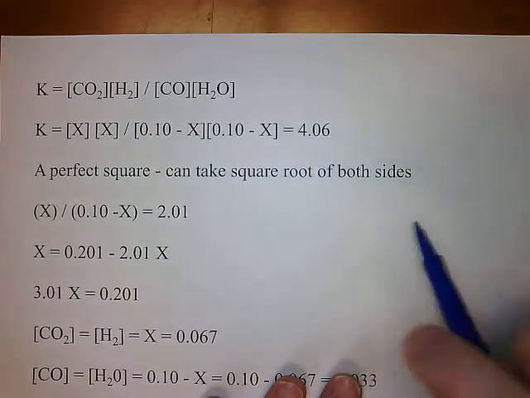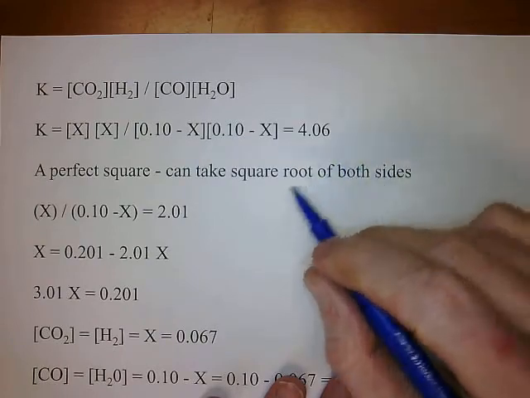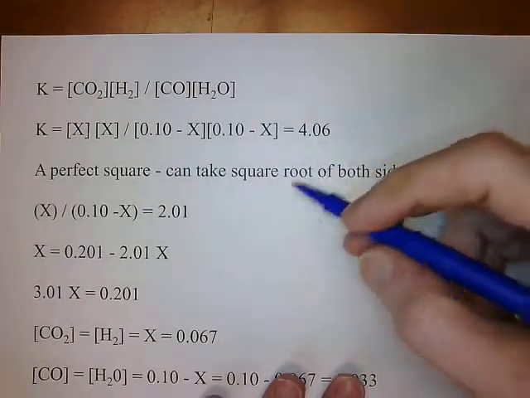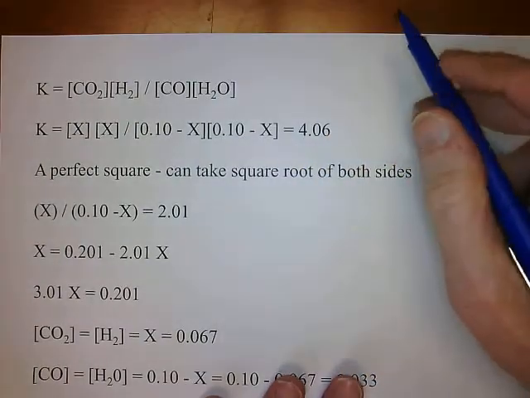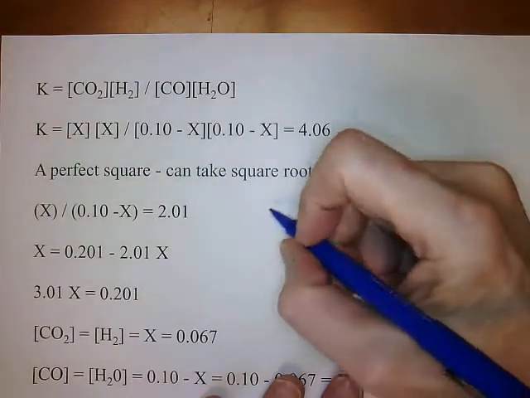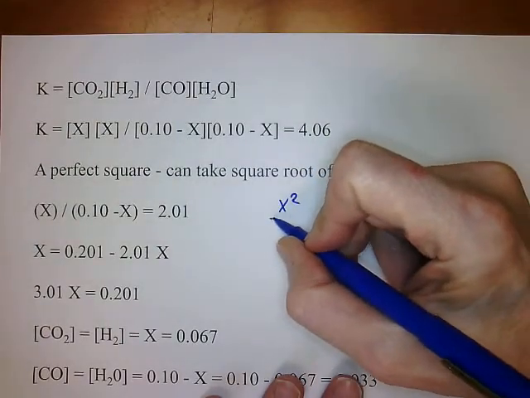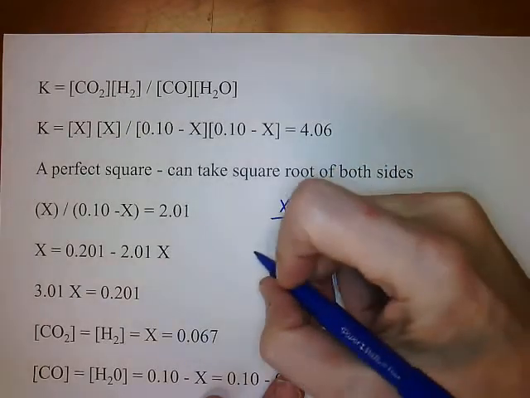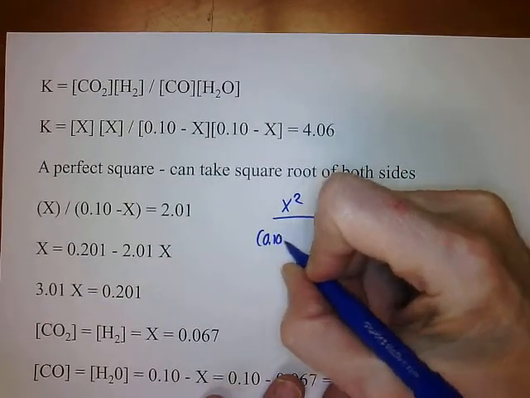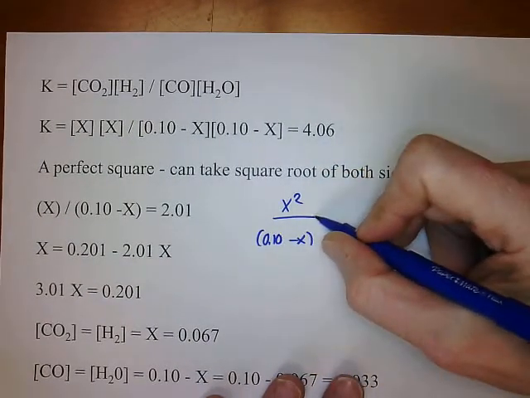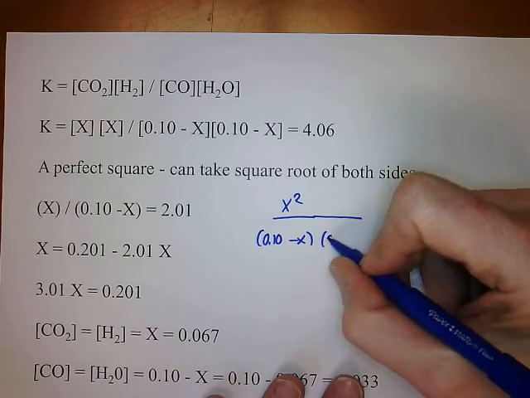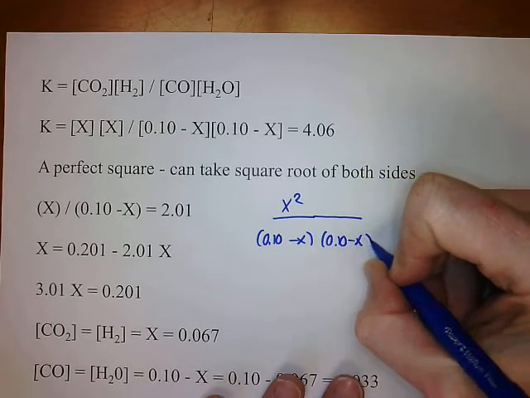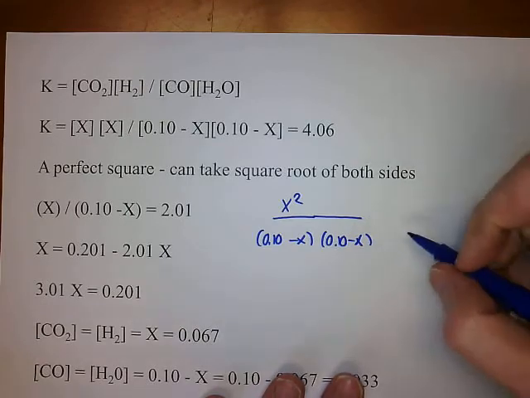Okay. So we could do it something like this, and we could say x squared over 0.10 minus x times 0.10 minus x is equal to 4.06.